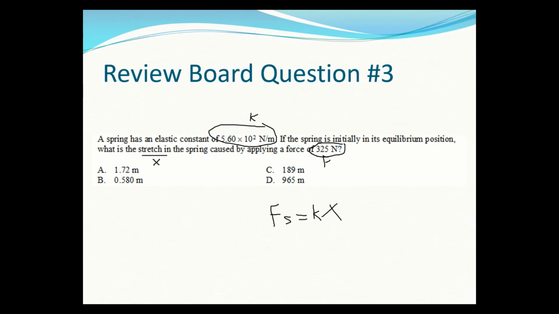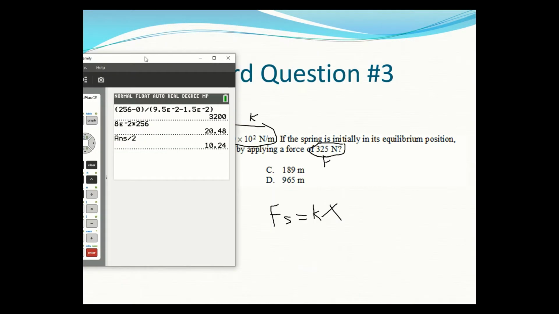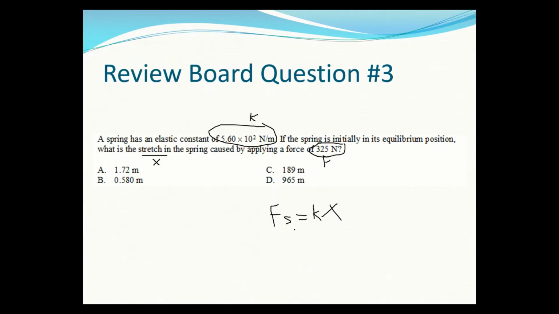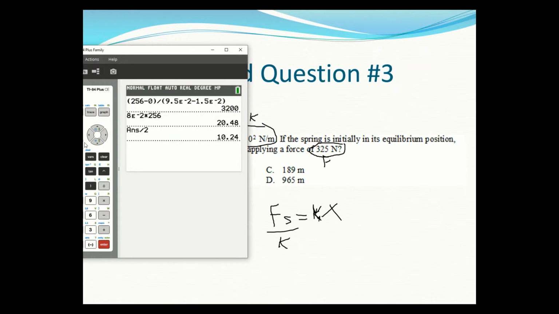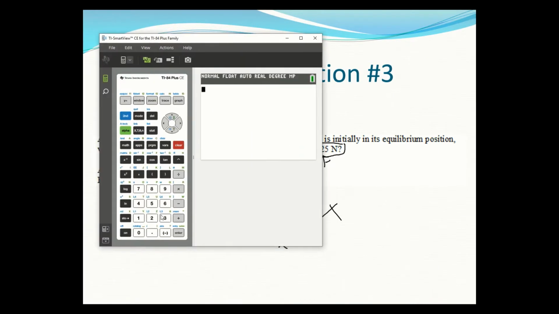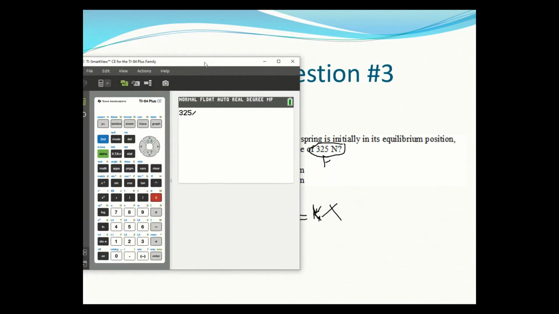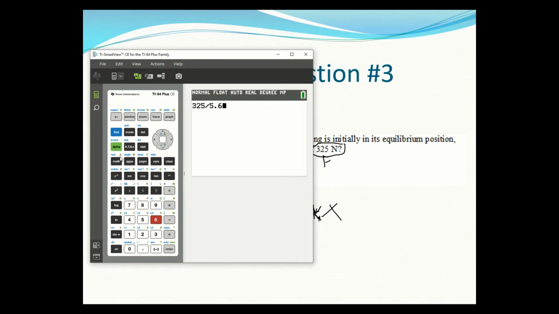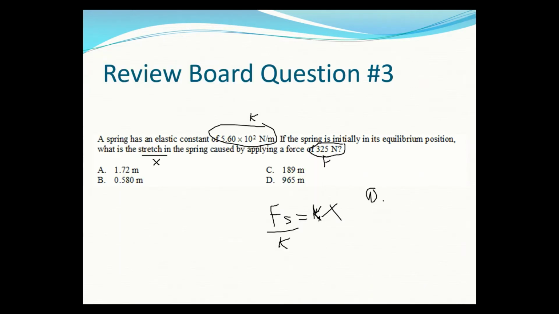So we just need to rearrange it to find our stretch. So we take our force, which is 325 newtons, and then our spring constant, 5.6 times 10 to the 2, and we get 0.58 meters. So B is the correct answer.